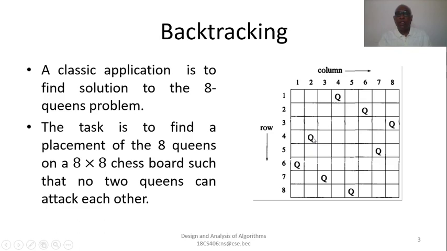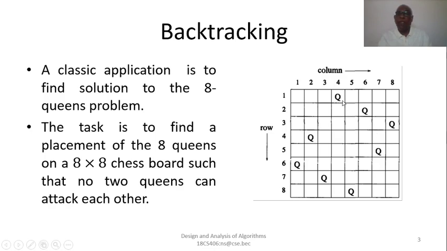Now let's see whether any 2 queens attack each other. Before we look at that, let's see what is meant by 2 queens attacking each other. Those who are familiar with chess should know that 2 queens will be under attack if they are in the same row, or if they are in the same column, or if they are in the same diagonal.